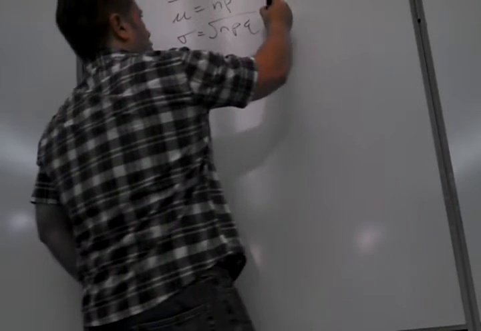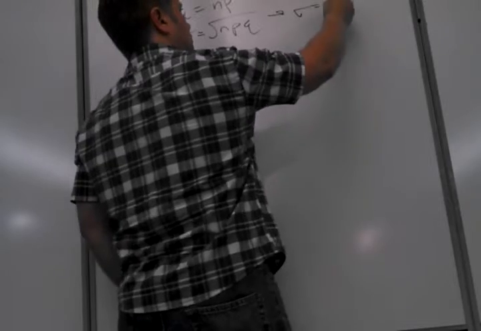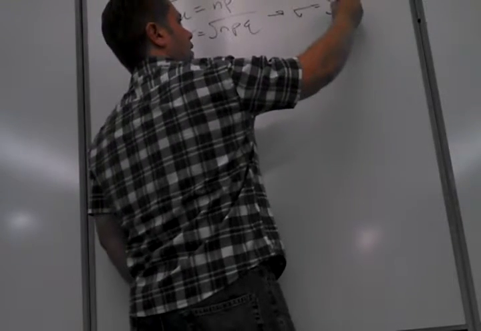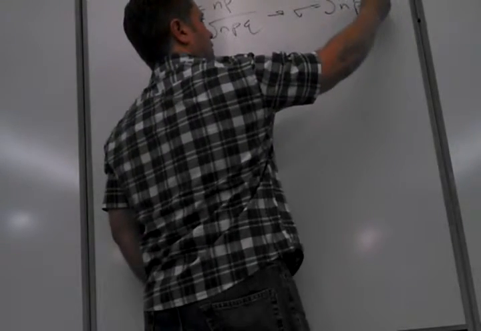P and P hat are exactly the same idea as mu and X bar. P is for population, P hat is for a sample. Sample proportion or sample percentage, those words mean the same thing. Cool. So of course sigma would be square root of N P hat Q hat.